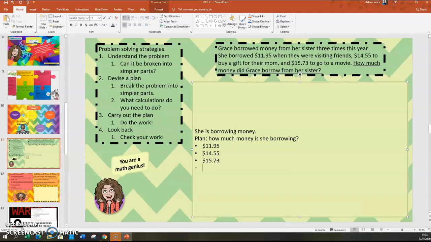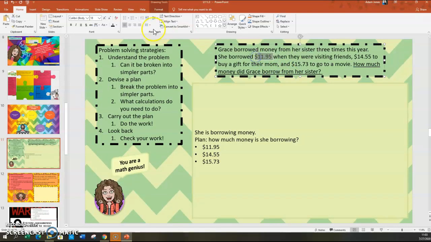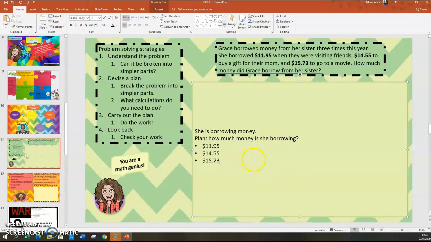How do we know that she borrowed all this money? It tells us up here in the text that she borrowed that money. Okay, I'll put it in bold so that we see exactly where I got that information from. And then we can go back into the text if we need to see that. Okay, so that's our problem broken down.